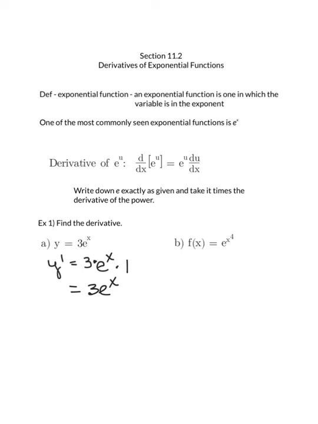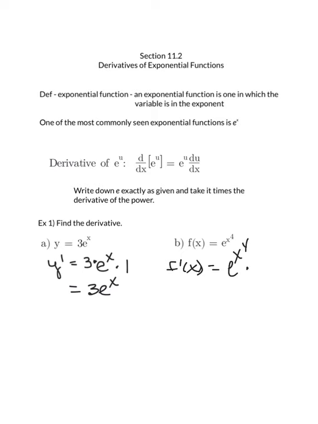On example B, our function is f of x equals e raised to the x to the fourth power. So follow the rule to do the derivative. F prime of x, first thing you do is write down the e exactly as it was given to you.